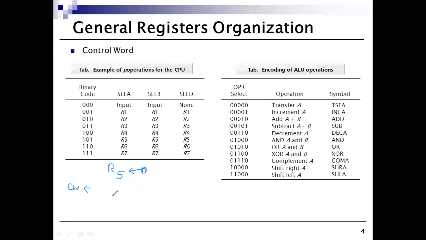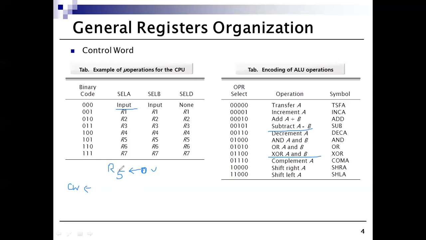Selection A, 0, 0, 0 will select input. You don't know what is coming to input, but you have to assure that it is 0. Subtracting the same register, yes, you can do it this way. Or else you can do a logical XOR operation between the same.